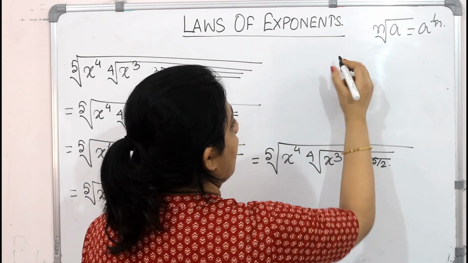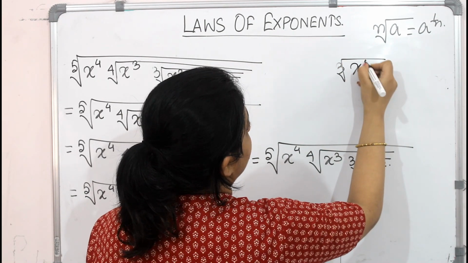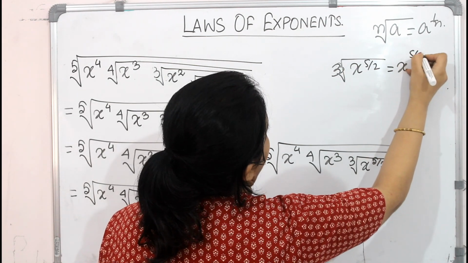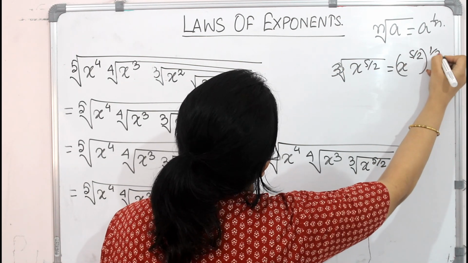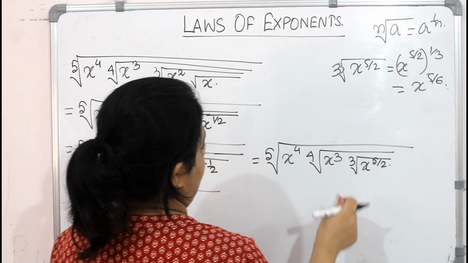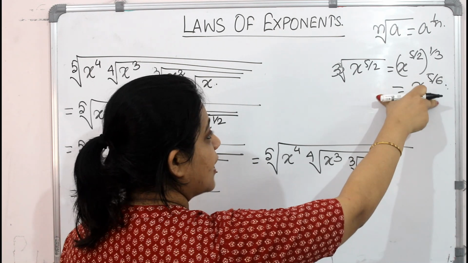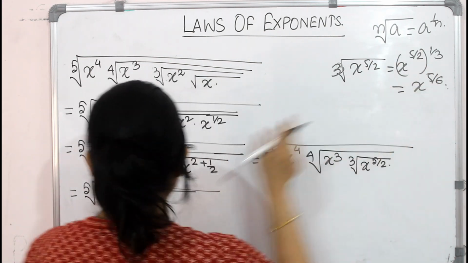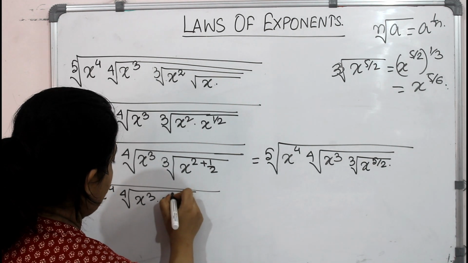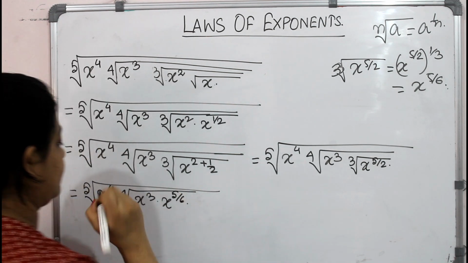So cube root of x to the power of 5 by 2 can be written as x to the power of 5 by 2 to the power of 1 by 3, that is x to the power of 5 by 6. So I have shown you the calculations here, and I will just write directly x to the power of 5 by 6.